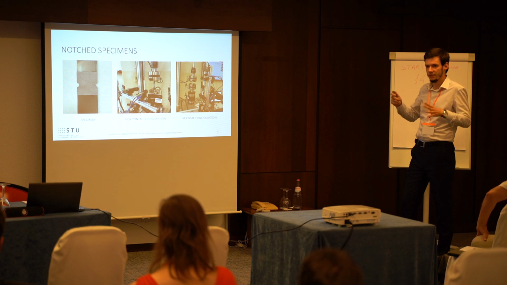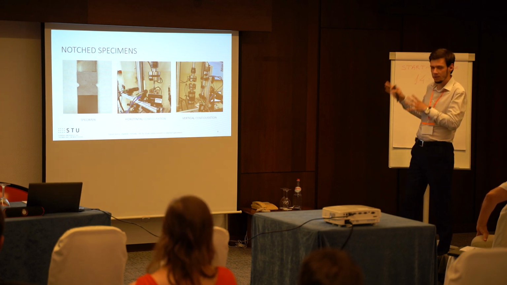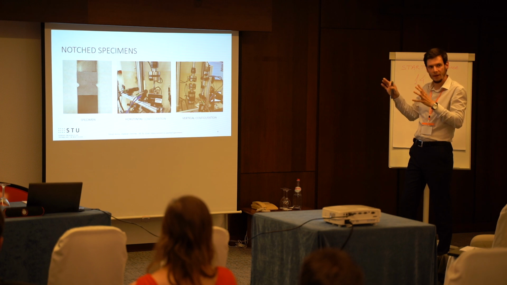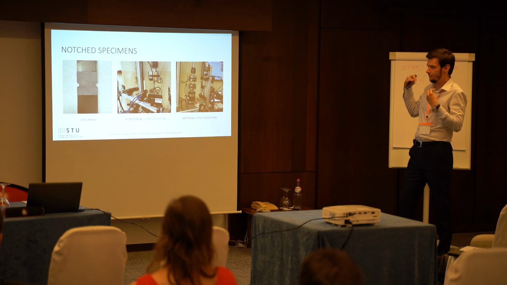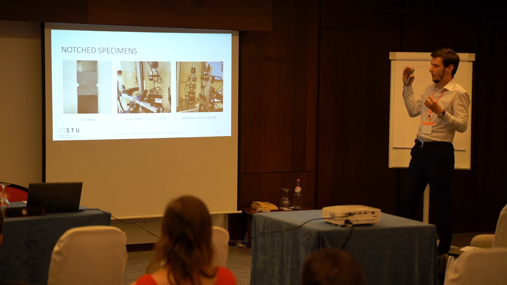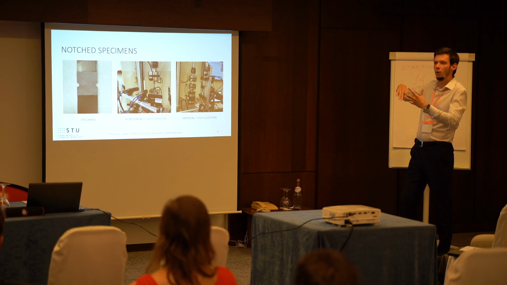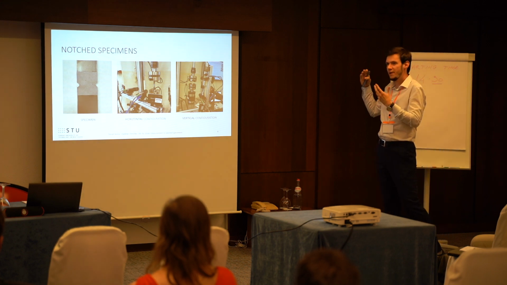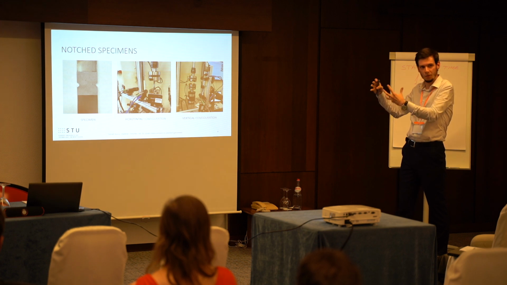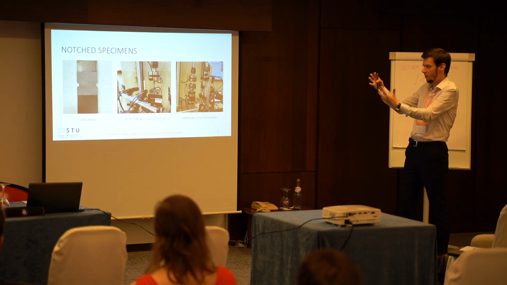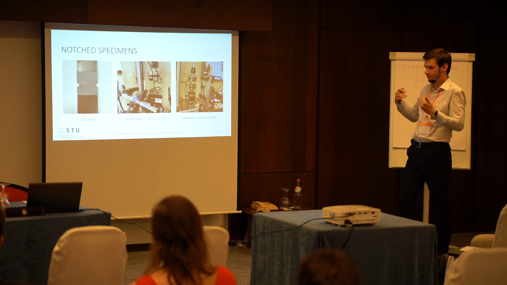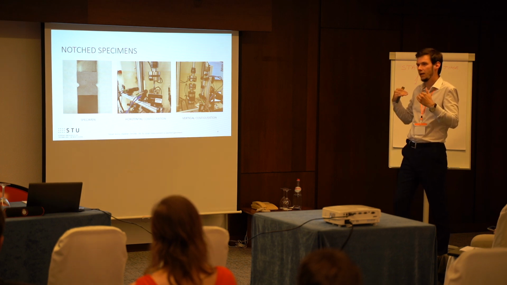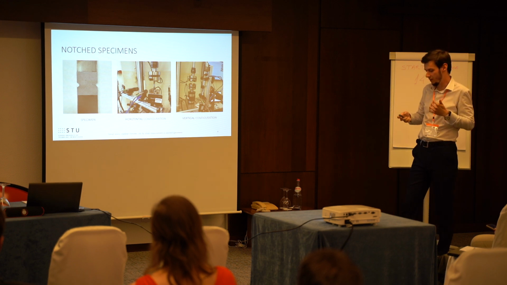Therefore, we came up with the number of pixels on the image acquired by the digital correlation system that is needed to get a good measurement result. That number of pixels tells us how large the notch is in the picture, which is a measure of the amount of information acquired, and the radius tells us something about the sharpness of the strain peak.